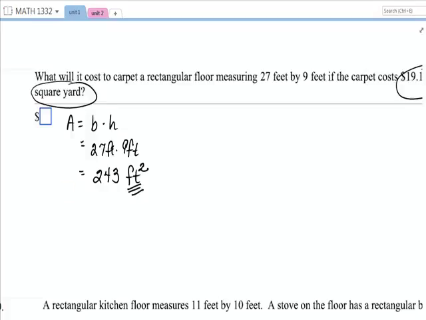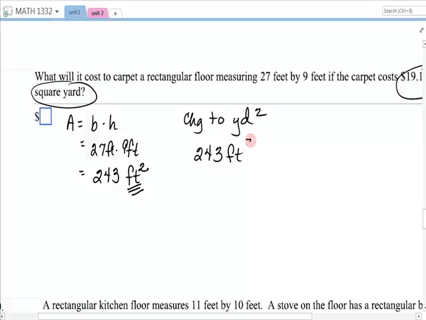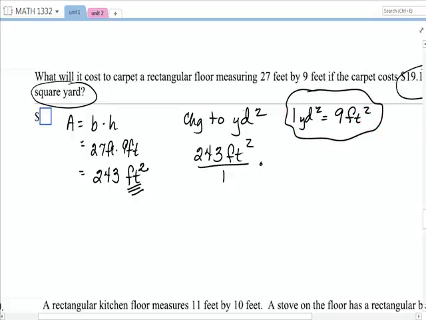Yeah, we have to. So we have to change to square yards. So here we go. 243 feet squared over 1 times. Ooh, I need the fact. It is 1 yard squared equals 9 feet squared. That's my fact. What has to go on bottom?